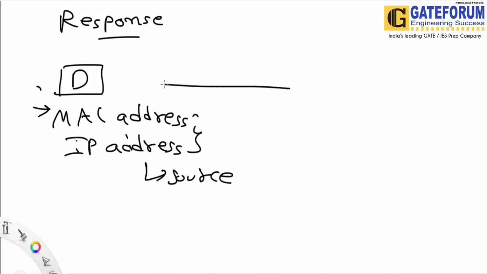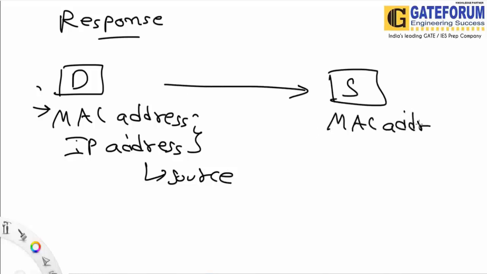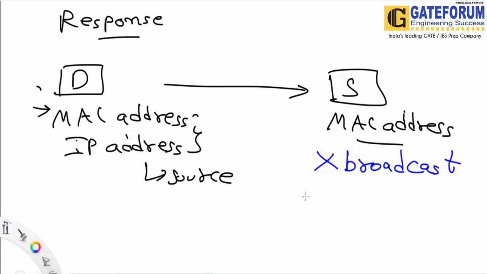And it would keep the source MAC address of the request as the destination, because it needs to return to that particular source from where the request came. It already knows this source MAC address. So that's why it won't be a broadcast. It would be a unicast message.